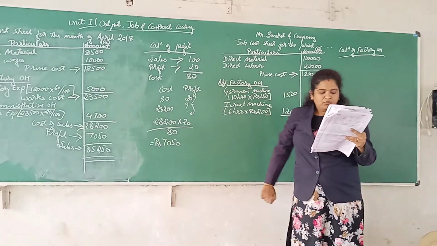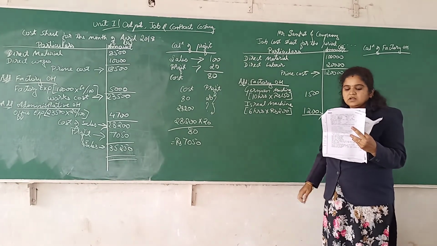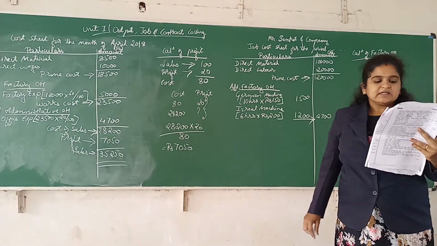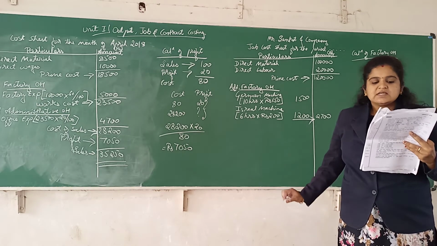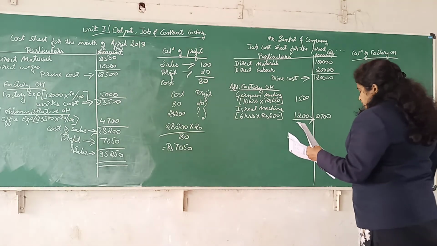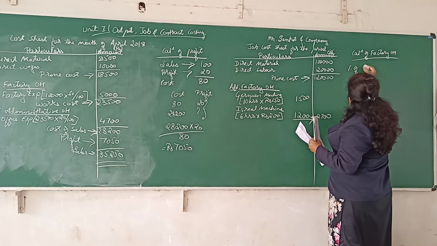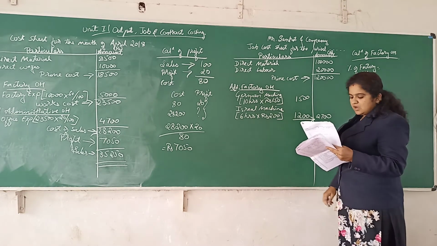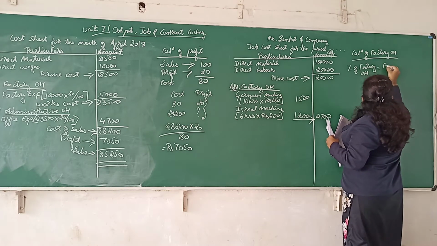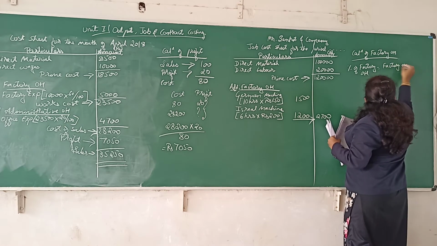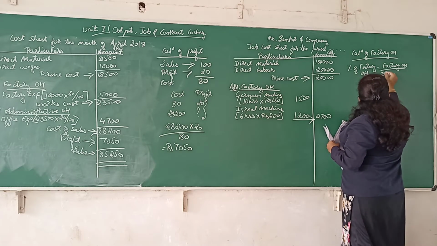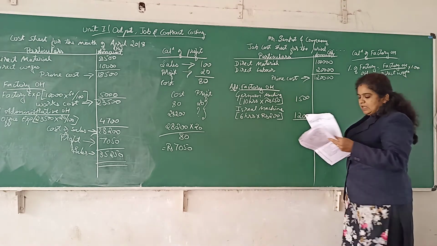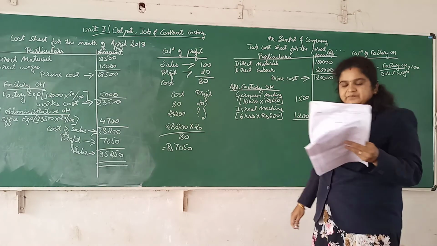Here the percentage of factory overheads is equal to factory overheads divided by direct wages into 100. Okay, so we are finding the percentage.